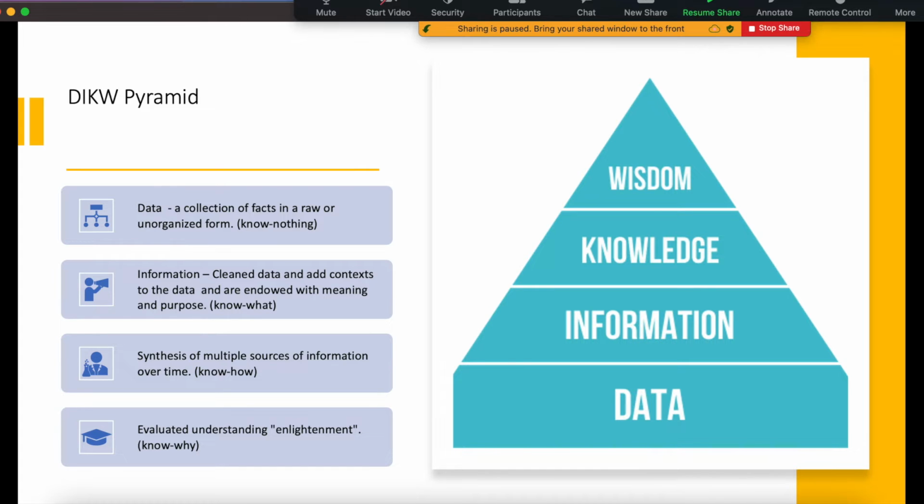When you see some data independently, it won't give any meaning. When you put it together, you create information. When you create information, the information becomes knowledge for the system or people who are going to consume it. The knowledge will create wisdom. This is the pyramid which we have to understand.